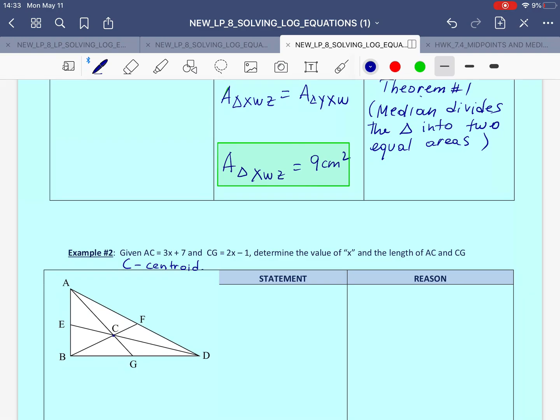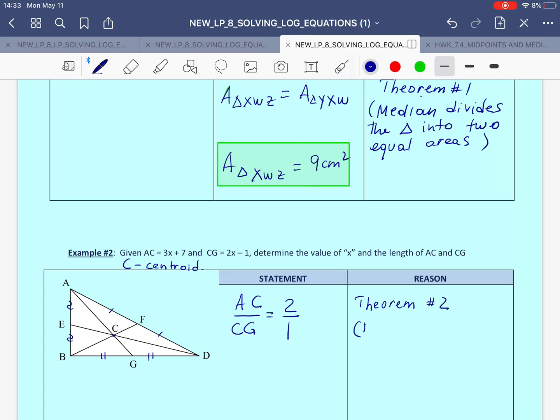Since C is the centroid of the triangle, it means that these two segments would equal each other, and these two segments here would equal each other. So we are going to say then that the ratio AC over CG must equal 2 to 1. Why? That is theorem number 2 about medians.